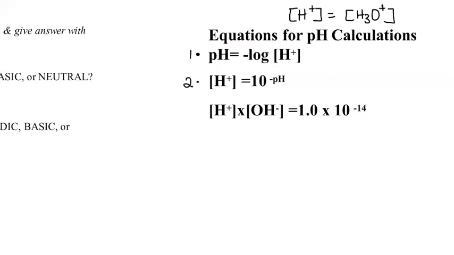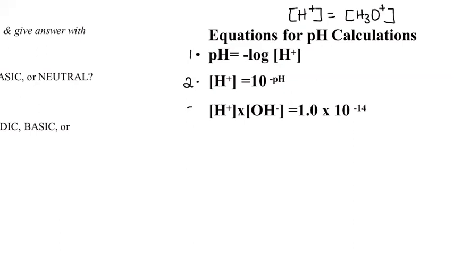If you are given the pH, you can find the concentration of H plus by, in your calculator, taking that value of pH in a negative form and raising it to power 10.